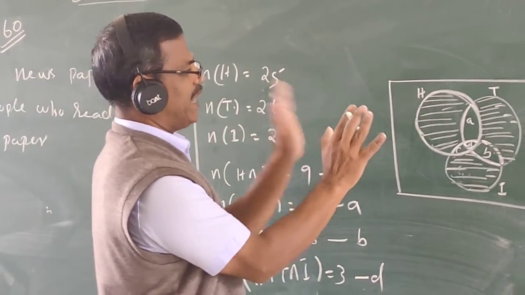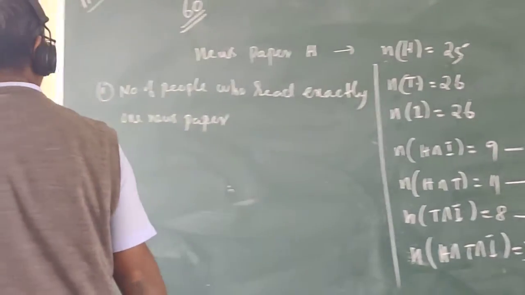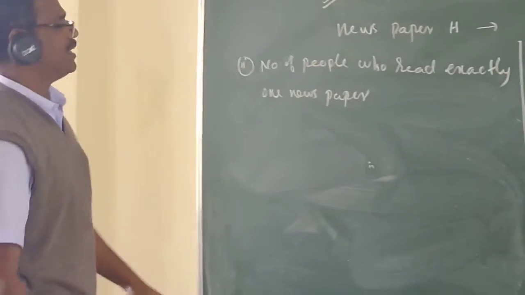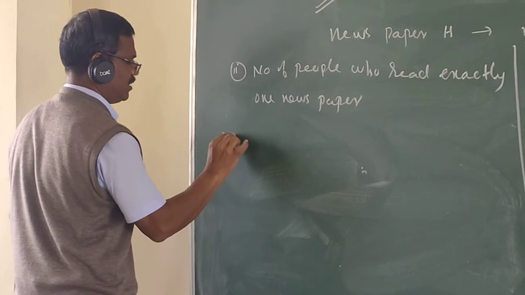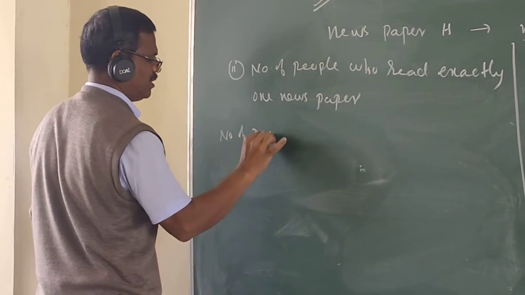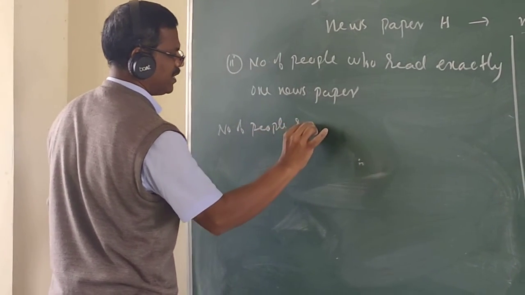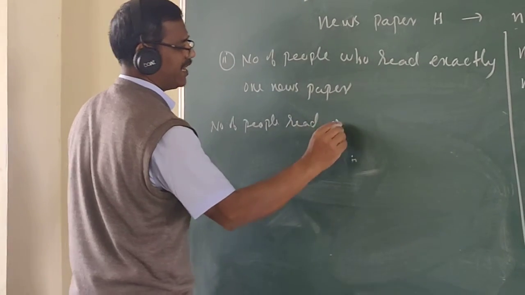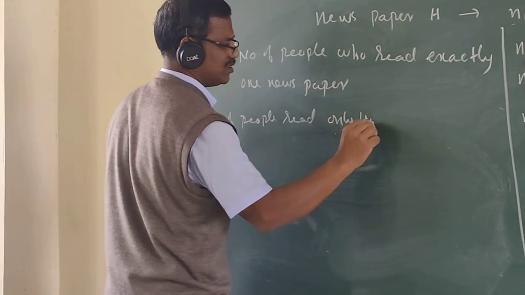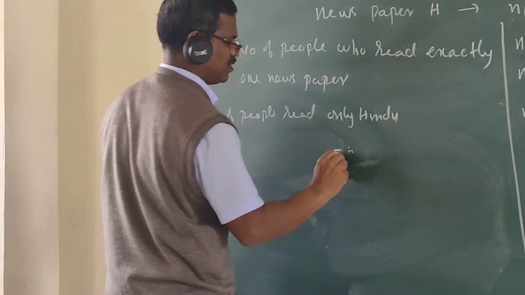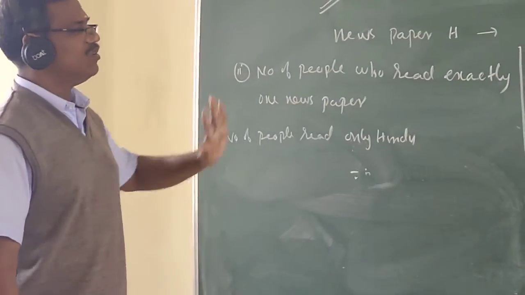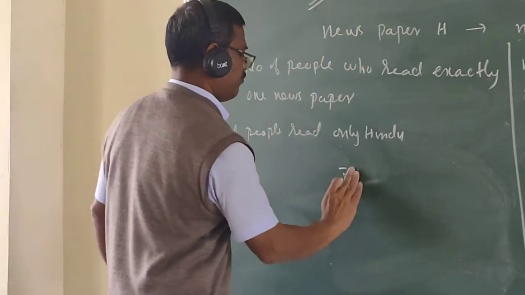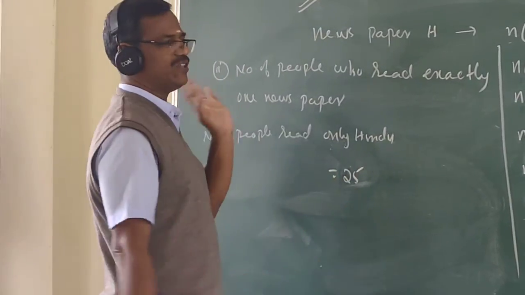So by looking at the figure, first let me take the number of people who read only Hindu. Now see here, there are 25 people reading Hindu.